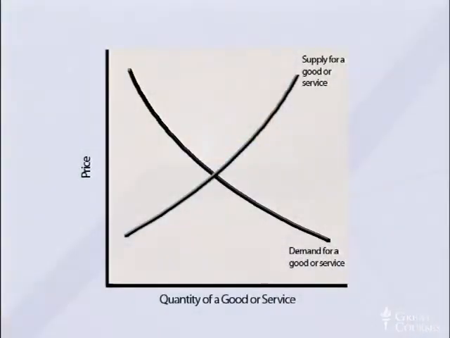Now, we want to take these two ideas of supply and demand and put them together at the same time in your brain. The easiest way to do that, I think, is start off by thinking about a really low price. At a really low price, the quantity supplied is pretty low because nobody wants to produce at a low price. But the quantity demanded might be really high because everyone wants to buy at a low price. Now, as the price begins to go up a little bit, the quantity supplied begins to increase.